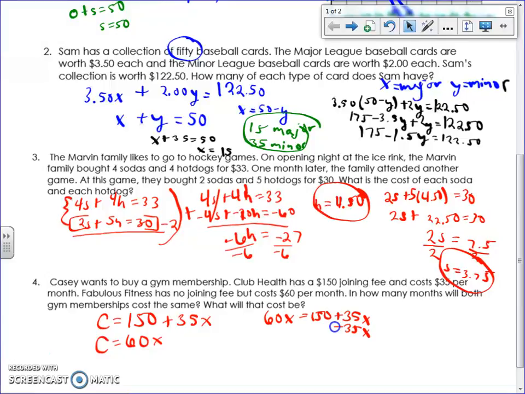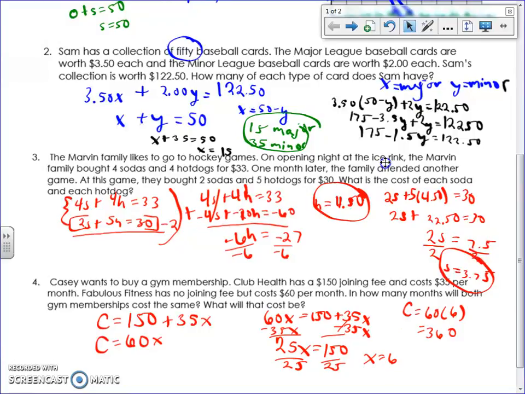Subtract 35x from both sides, and you get 25x equals 150. Divide both sides by 25, and you get x equals 6. To find the cost, you're going to plug in how many months, which is 6 months, and you get $360.